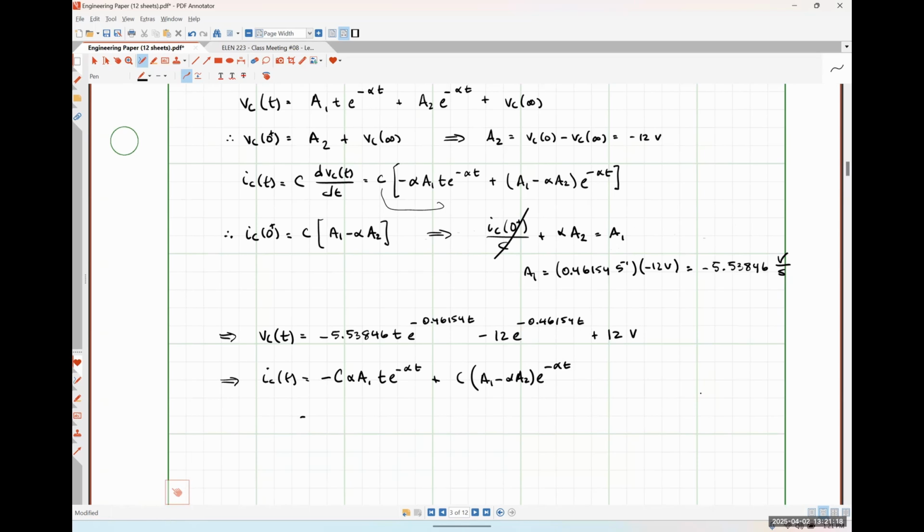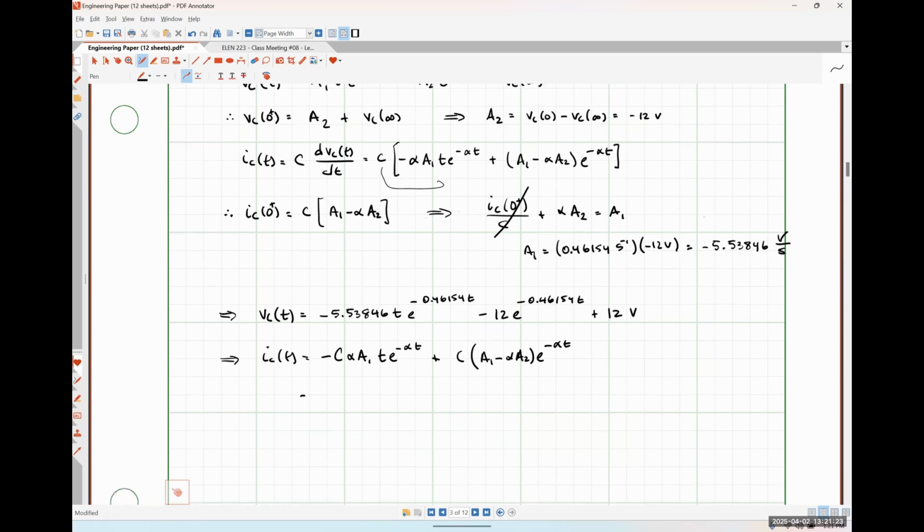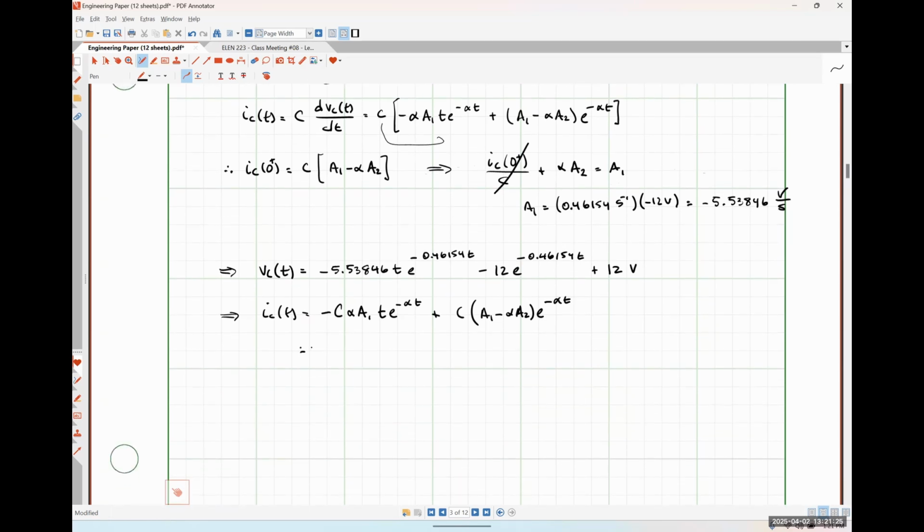So X times minus 12. So if I put that in correctly, I wound up getting 0.923076. So let's call that 0.92308 t e to the minus alpha t.